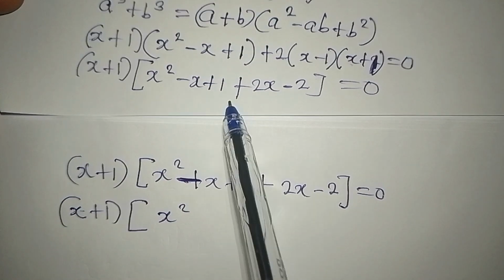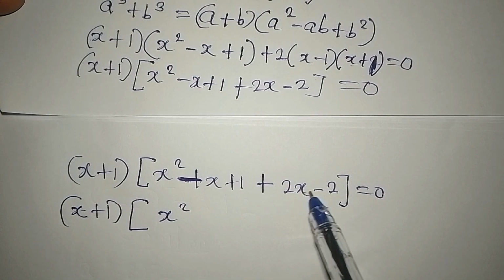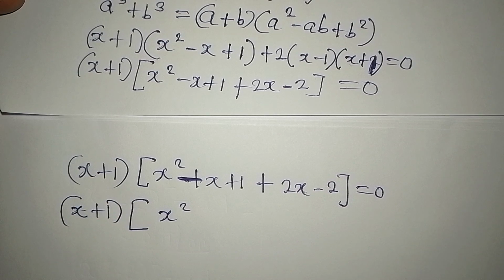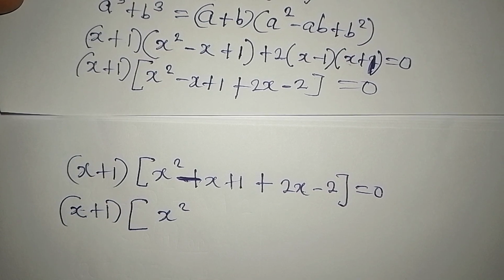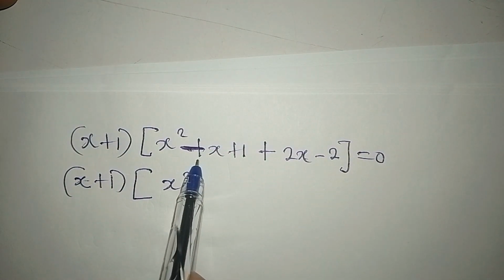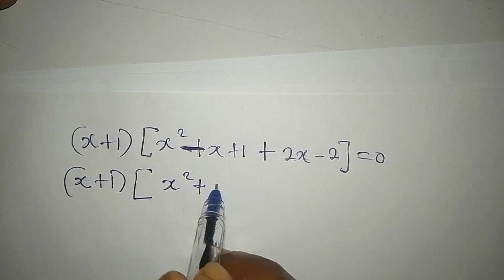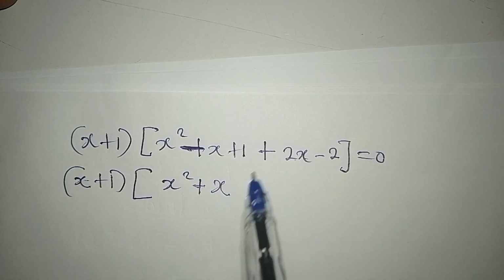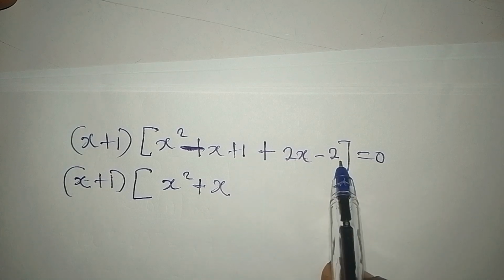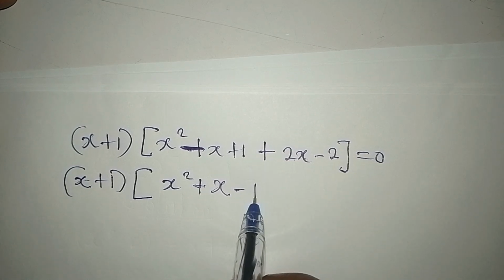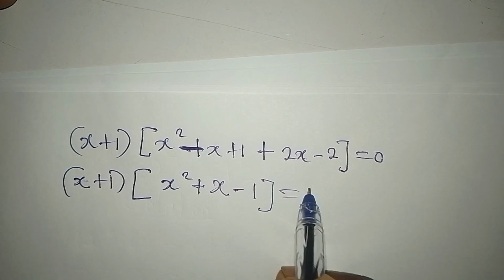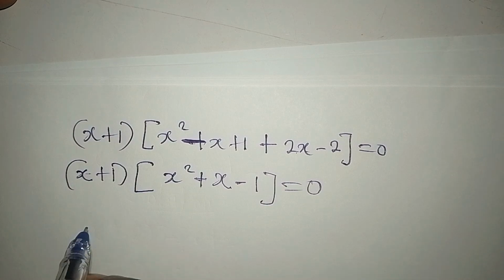Then we have 1, 2x, and minus 2. Minus x plus 2x will give us plus x. Then 1 minus 2 will give us minus 1. Then we have 0. So from here, we can apply the zero product rule.